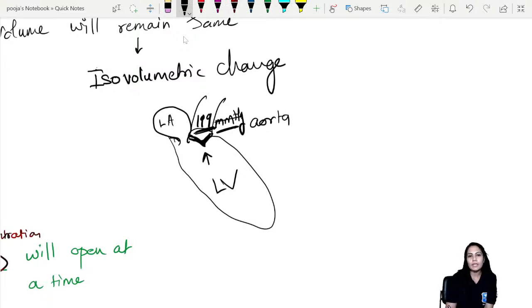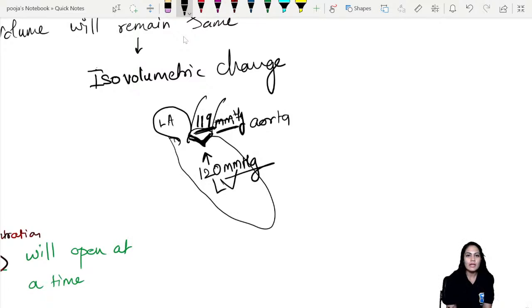So what is going to happen if you have to open these doors from here? You have to apply at least 120 mmHg of force, at least 1 mmHg more than the aorta. Then only is the aortic valve going to open up.